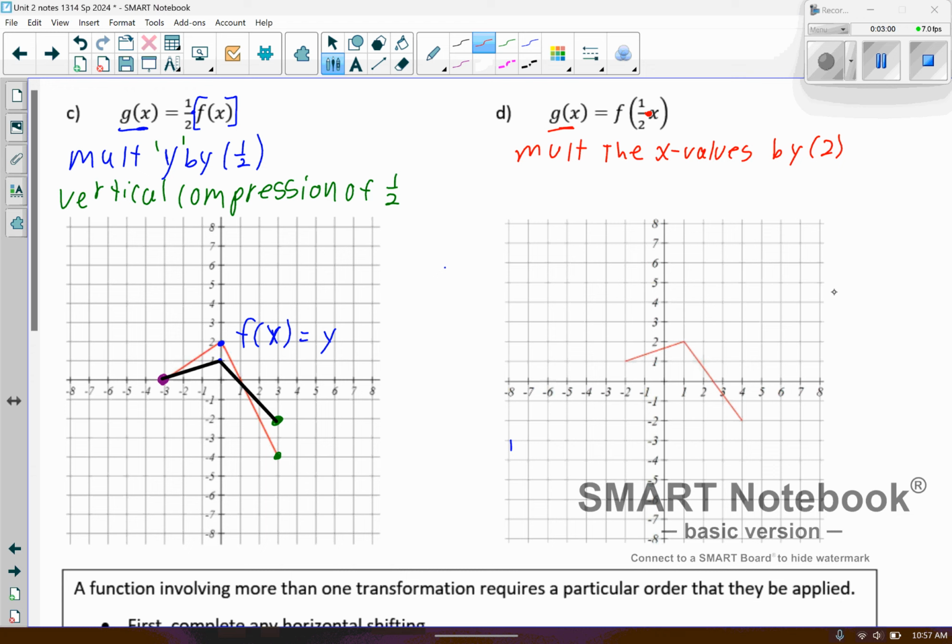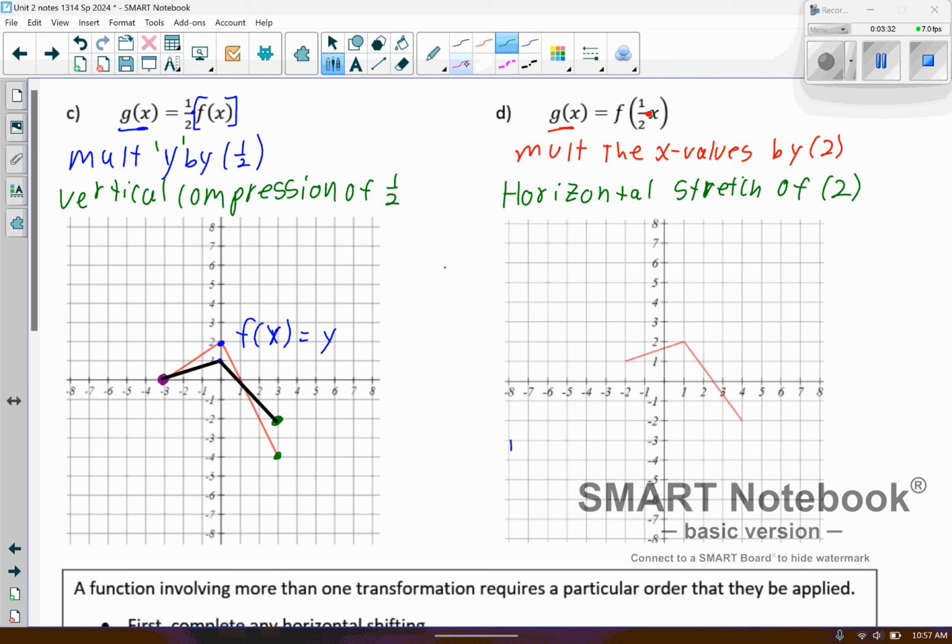Now, once again, if you want to use the terminology of stretching, we're going to have a horizontal stretch of 2 actually. So it will be a stretch of 2. We're going to horizontally stretch by a factor of 2.